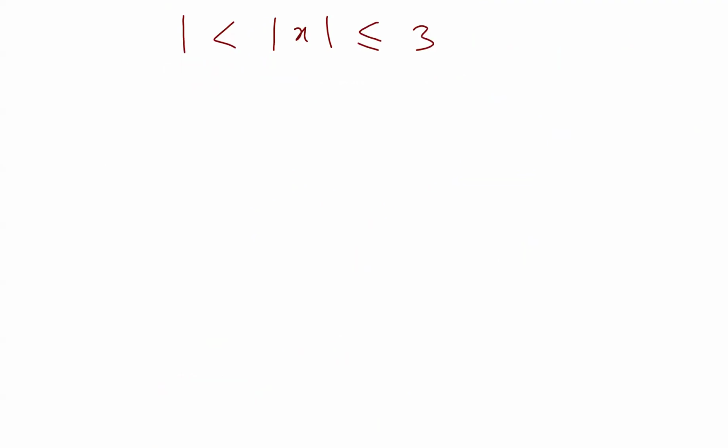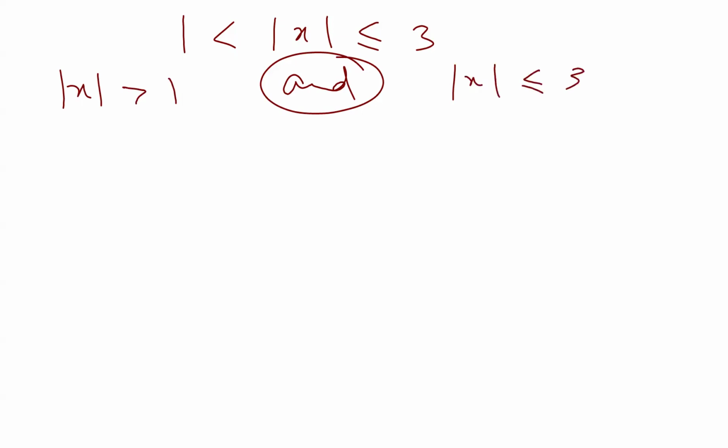So whenever a double inequation is there, we should write and, or, and. So the first case, modulus of x is greater than 1 and it's not or. Modulus of x is less than or equal to 3. So x lies between -3 to 3 along with equal to.